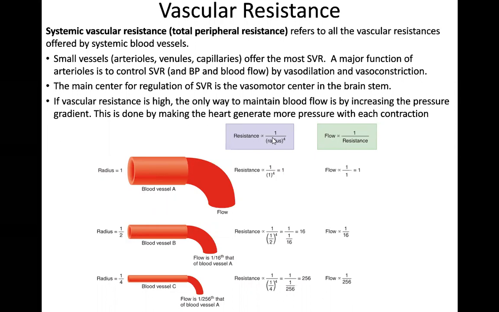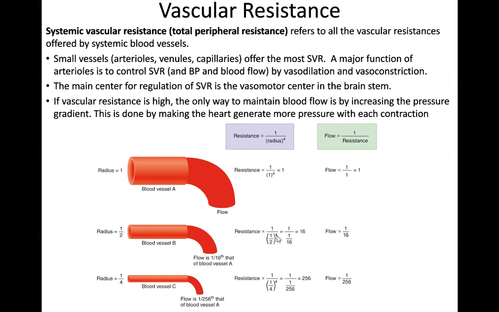Resistance, through its various calculations, for A is also 1. Blood vessel B, even though it's 1/2 as big as A, its resistance is 16 times greater. Look at the resistance here: 256 times that of A. And that's because, once again, it's to that fourth power.